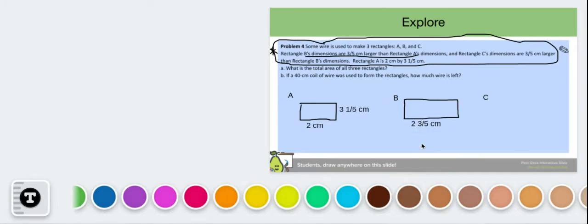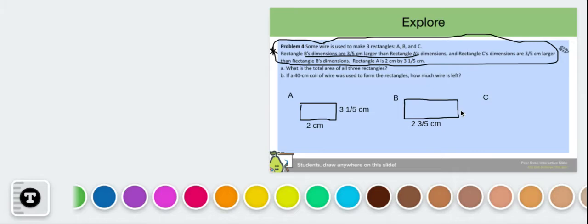Okay, so because it said that rectangle B's sides are 3/5 larger than the dimensions of rectangle A, now we need to find out the width. So rectangle A's was 3 1/5, and rectangle B's is 3/5 larger than this width. So 3 1/5 plus 3/5 gives us 3 4/5.